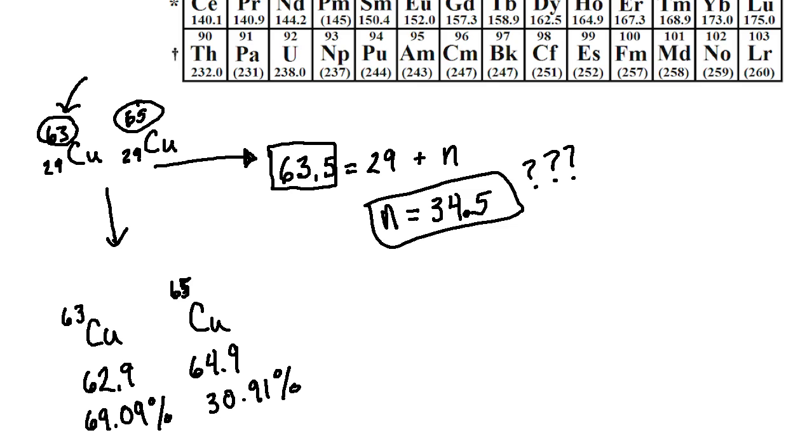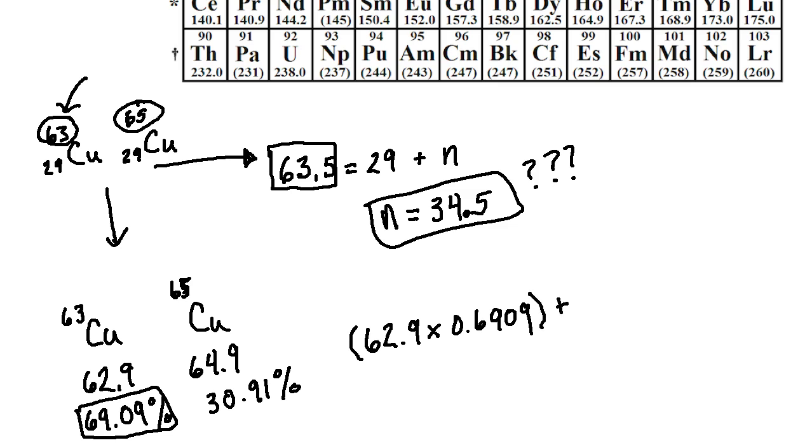So what I would do at this point is I would say, all right, now copper 63 is 62.9 in terms of its AMU, and I will multiply that times the natural abundance of copper 63. Now you do this as a decimal, so it would be 0.6909. That's coming from this value right here, the 69.09%. Right?